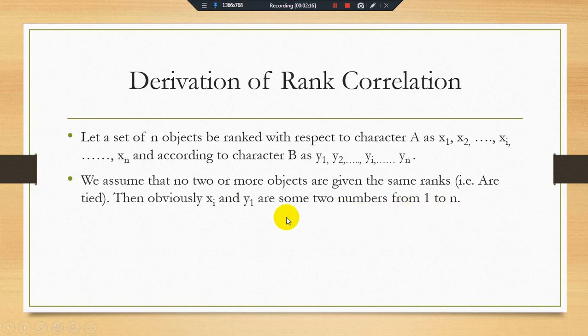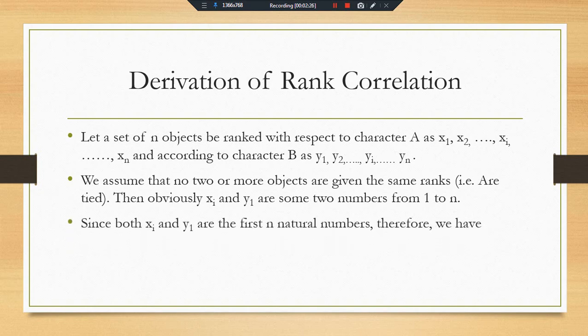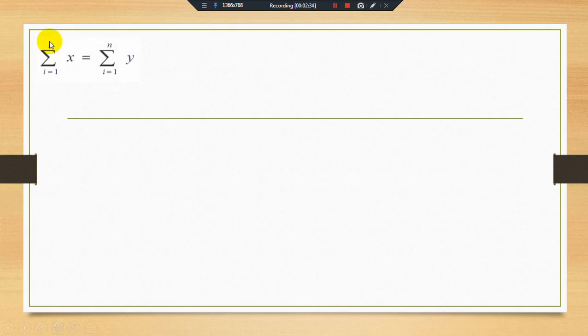So keep in mind, when two or more objects are given the same rank, then technically they are equal to each other. Since both xi and yi are the first n natural numbers, therefore we have summation x and summation y equal to each other.